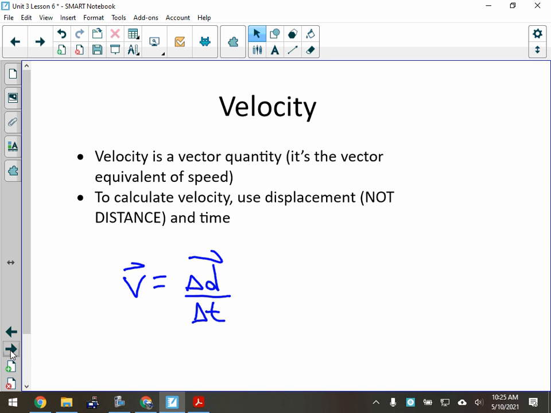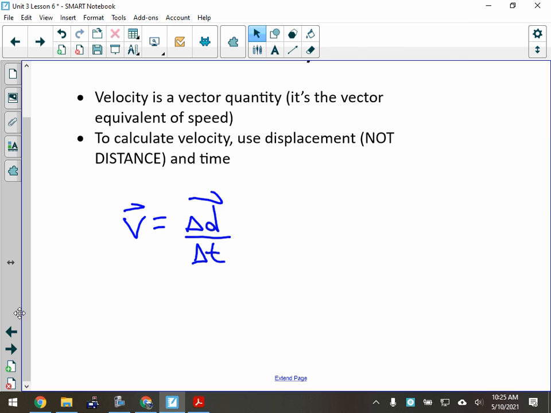So here's the formula. Okay? And you might notice that this formula looks very, very similar to one we've already talked about. We've talked about speed so far, yes? Well, this is the formula for velocity. I'm just going to label this here, velocity.